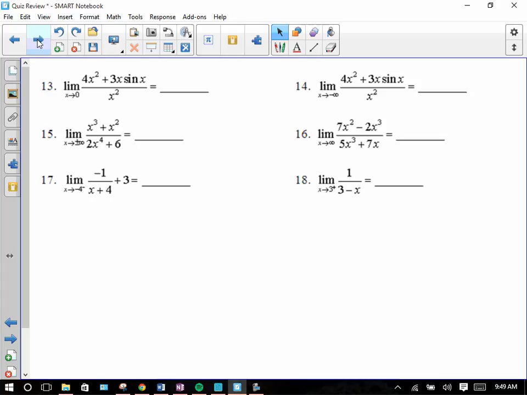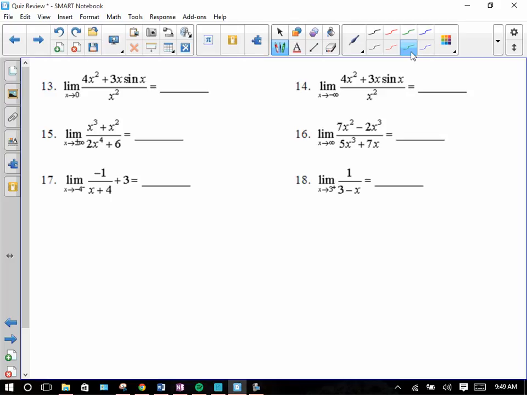13. So the limit as x approaches 0. Okay? First thing that you want to do is you check to see that when I plug it in, it gives me 0 over 0, or at least something over 0. The first thing that I'm going to do, I see that things can cancel out if I break stuff up.